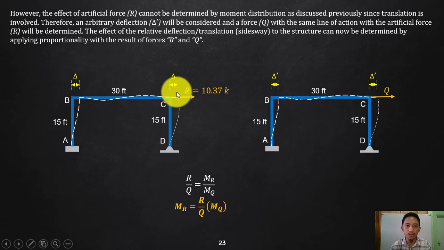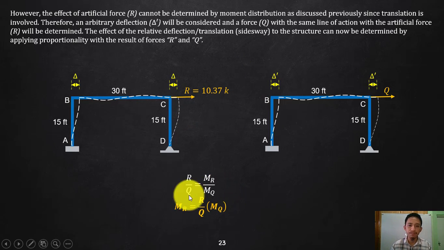So we use ratio and proportion. Cross multiply, and you will have M sub R, the end moment of any member due to the sidesway, equal to R over Q times the end moment caused by the delta that we assumed, where Q is proportional to the effect of the force R.